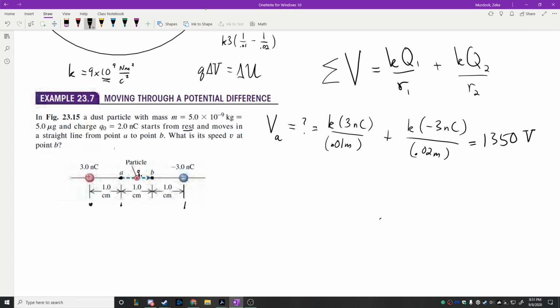All right, what about point B? What's the voltage at point B going to be? Why don't you guys do it yourself now?